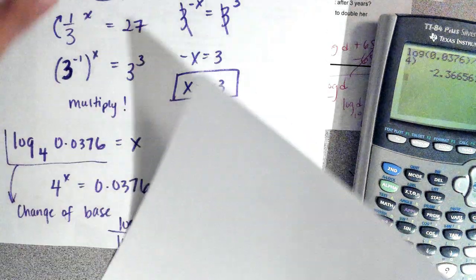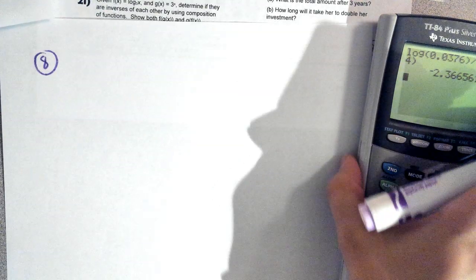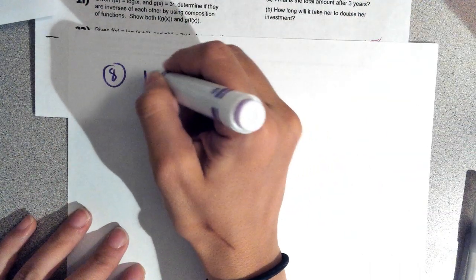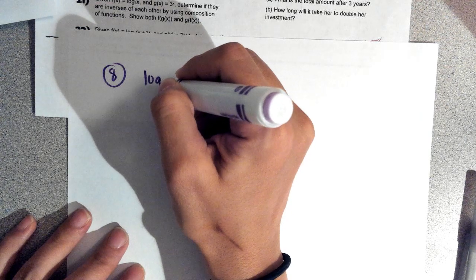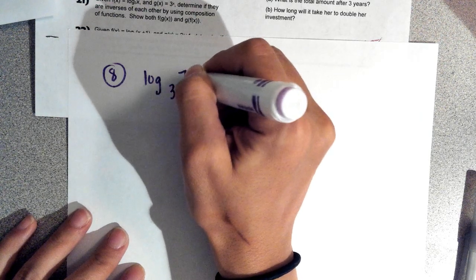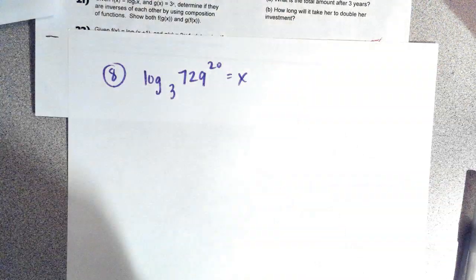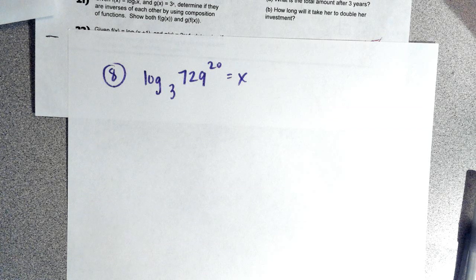So now let me go to number 8. I'm going to look at number 8. I have log base 3 of 729 to the 20th. I'm trying to solve. Now another way we can do this, right, there's different ways we can solve logs.